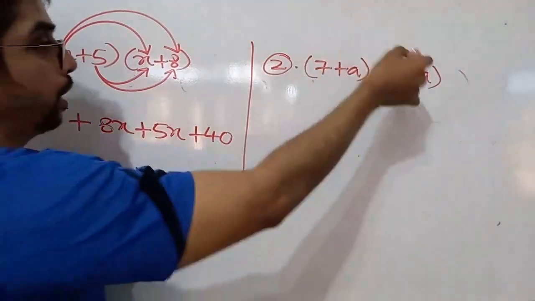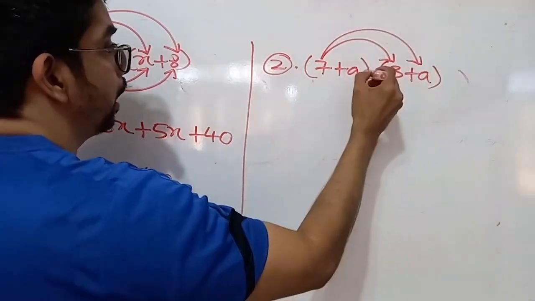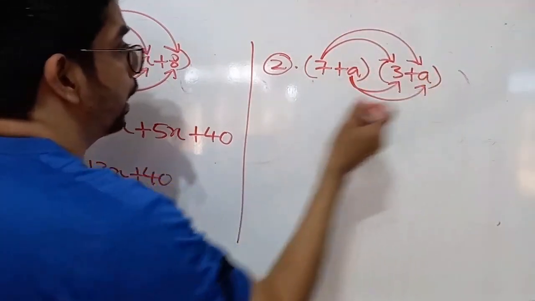So just as before, we have to do the multiplication. So 7 into 3, 7 into a into 3, a into a, right?